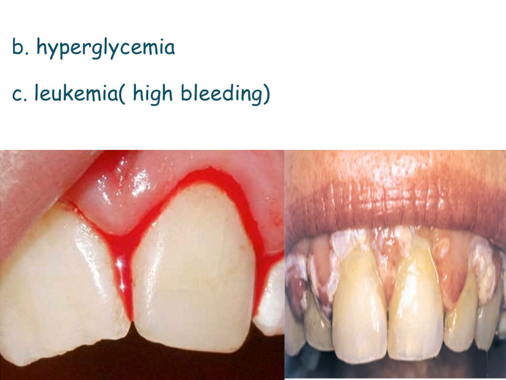Gingival bleeding is a common sign in leukemic patients and an initial oral sign and symptom in many cases of acute or chronic leukemia.